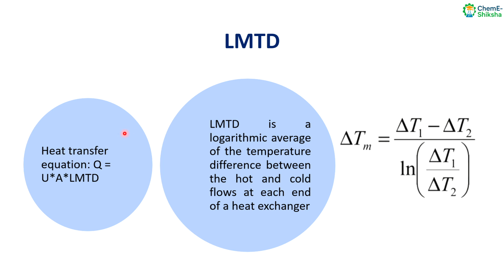Why so? In this equation Q equals U into A into LMTD, why do we take this LMTD instead of directly taking the difference between the hot and cold fluid? The reason is that the temperature difference between the hot and cold fluid is not constant throughout the heat exchanger.